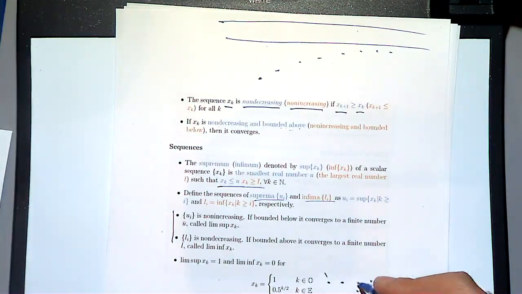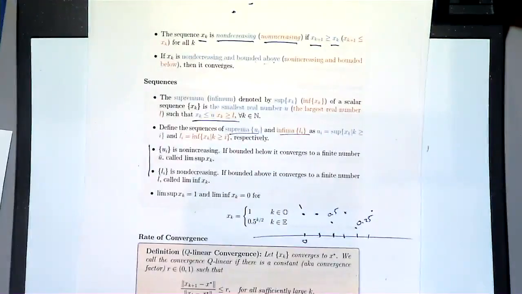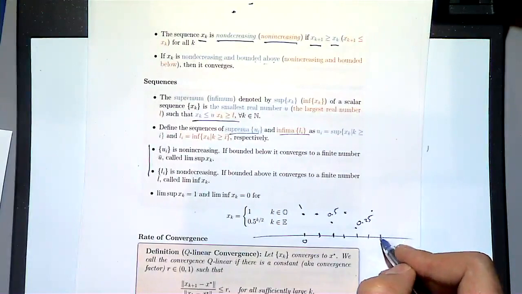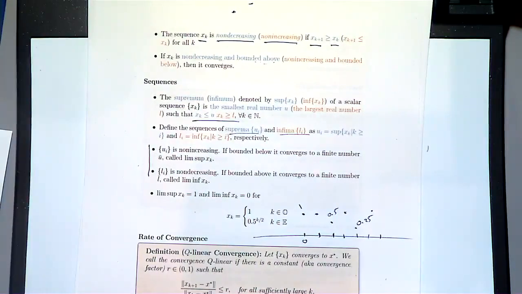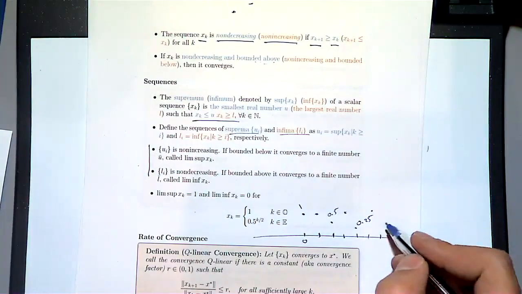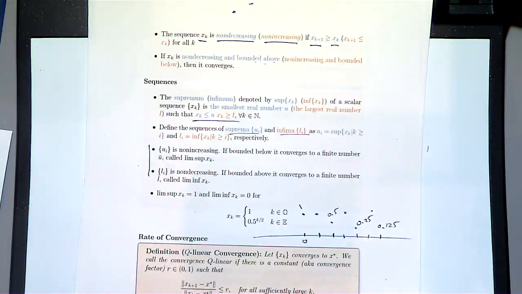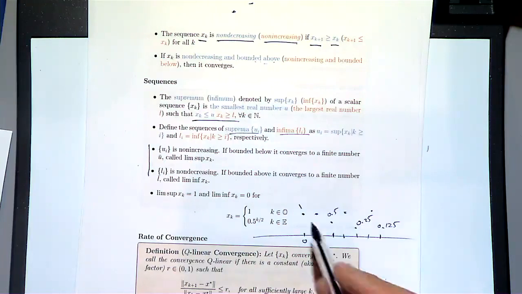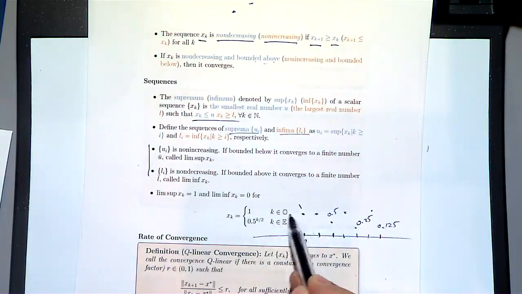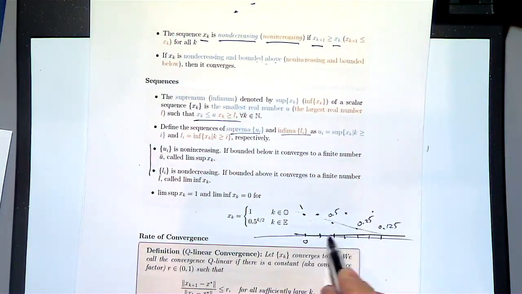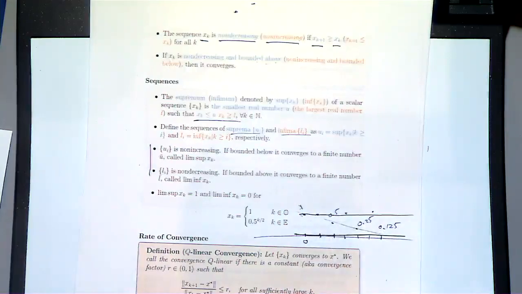So it is 1, 0.5, 0.25. At 5, it is 1 again. Could you move it up? Sorry. At 6, whatever, the next one is 1.25, et cetera. So there we have a sequence, the lower bound, the lim inf converges to 0, and the lim sup remains 1 throughout.